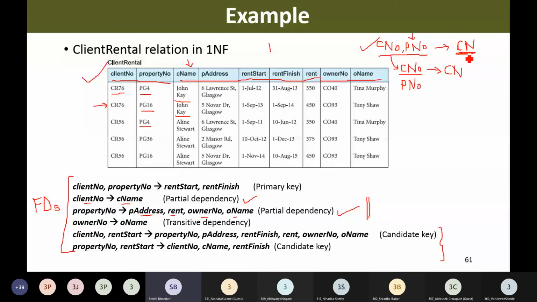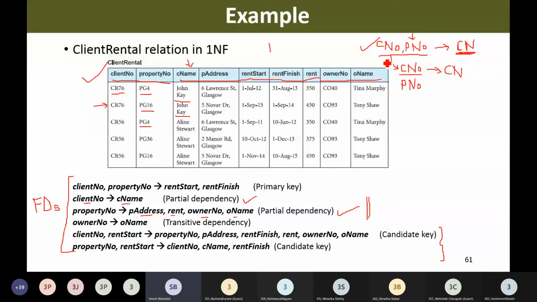Are you getting me? Yes, ma'am. I do not require property number to determine client name. Client number is sufficient to determine client name. Do you agree with me? Yes.